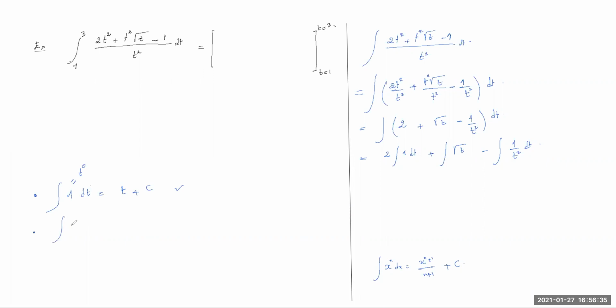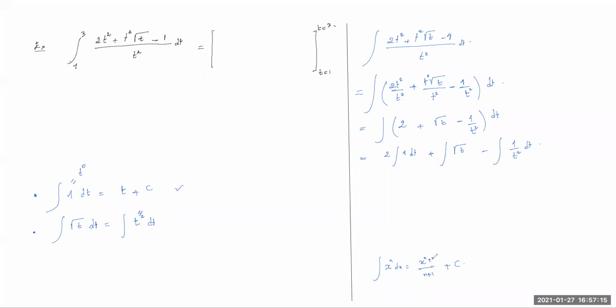What about the antiderivative of the square root of t? Can you write it differently? Maybe it will help. Write it as a power first, before finding the antiderivative, because it will help.